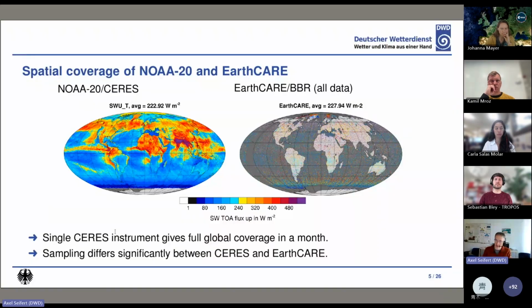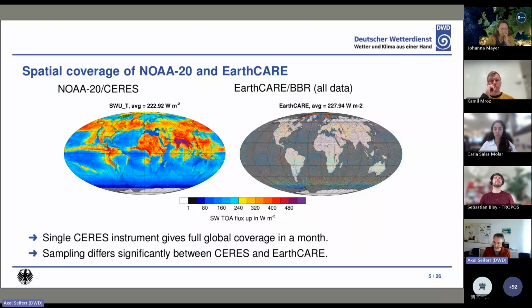And by this, a monthly data set gives us full global coverage, except for, in this case, Antarctica, whereas EarthCARE, looking only nadir, basically gives us a much thinner coverage, and that's of course a challenge when we want to compare these two data sets, or when we do statistics.